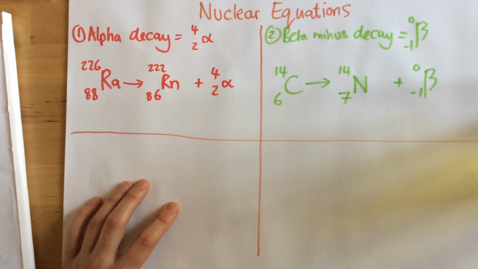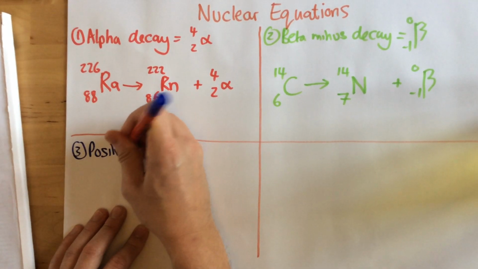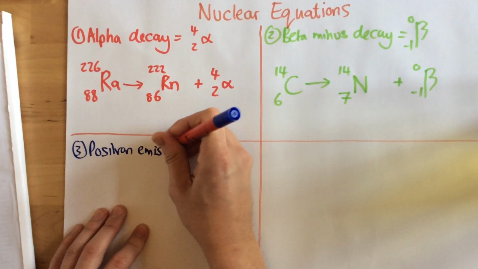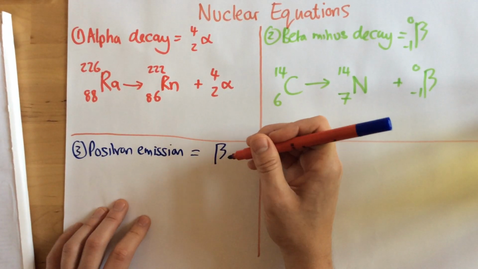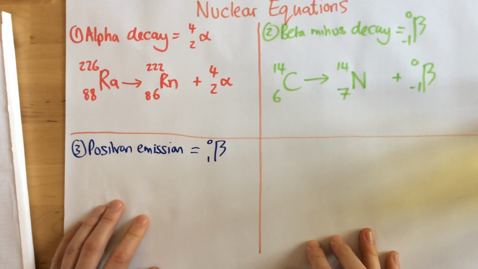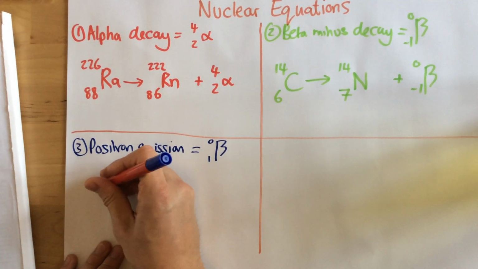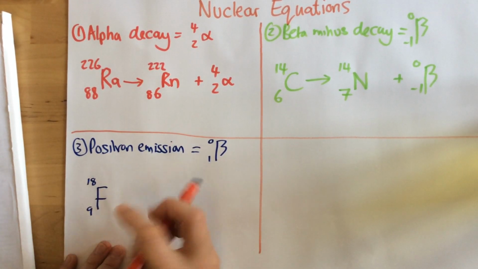Okay, next up, what I have is positron emission. A positron has the same mass as an electron, but it's a positive particle rather than a negative particle. Let's imagine I had the nuclear decay of this fluorine isotope.